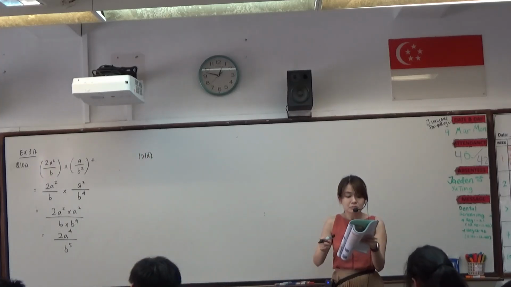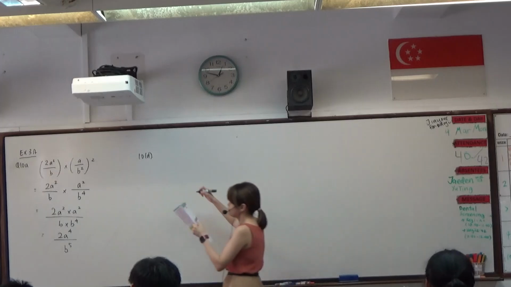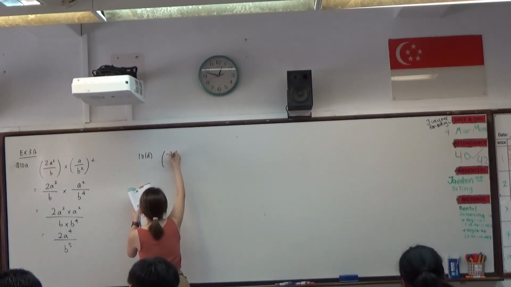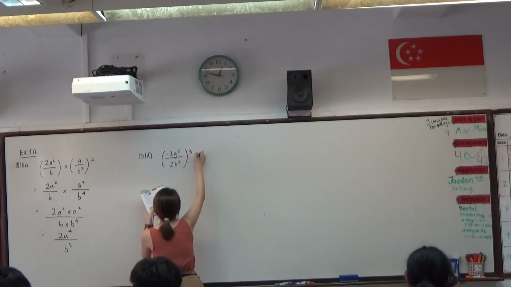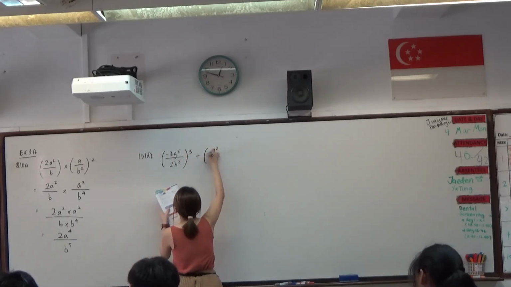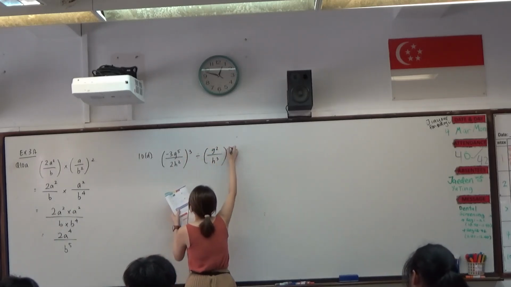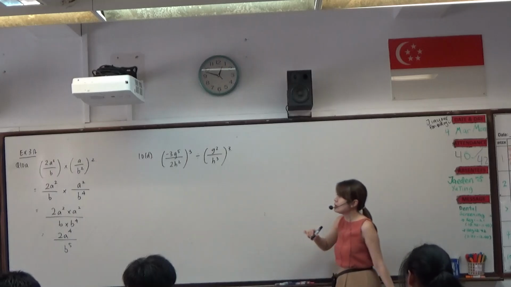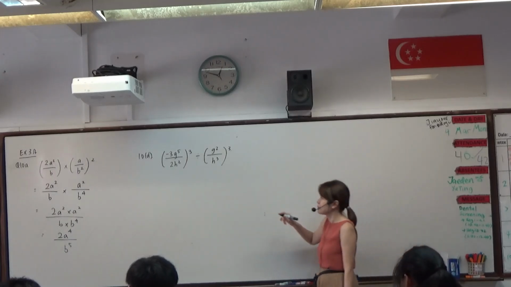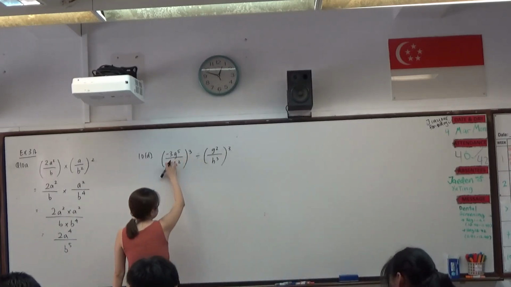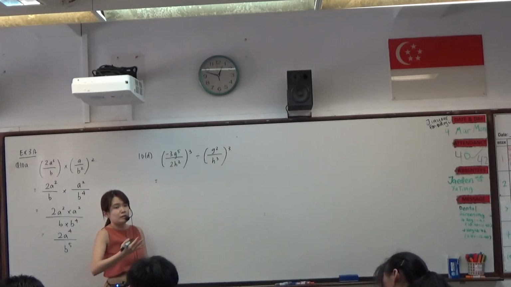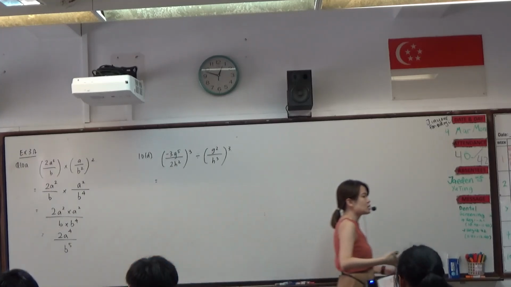Then for 10d, we have this. By applying what we did in 10a, you want to bring the powers in first to every component. Notice that I keep saying component.